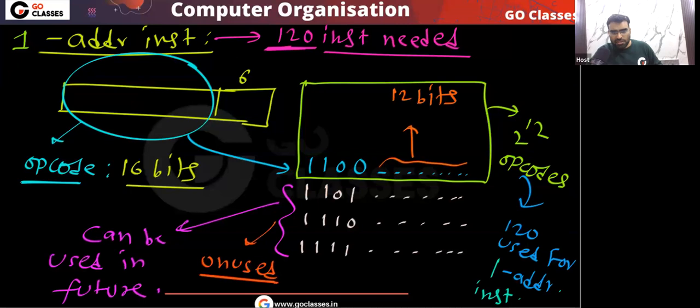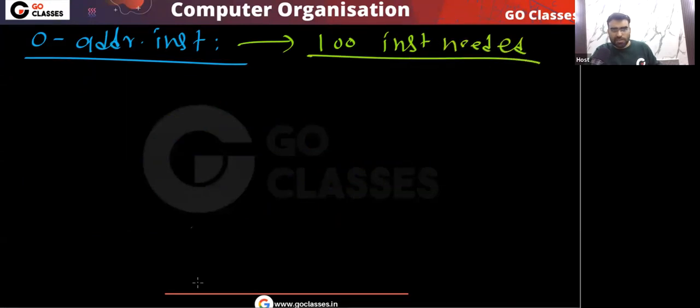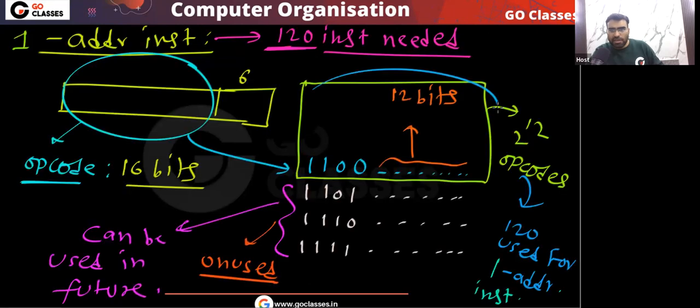And finally, the zero address instruction. In the zero address instruction, how many do you need? You need 100. 100 zero address instructions I want, and you can get that from here only.